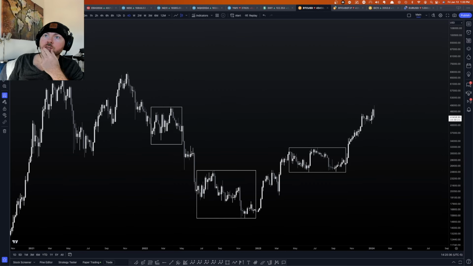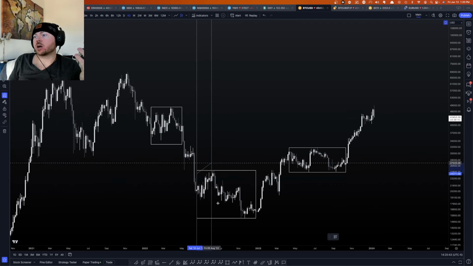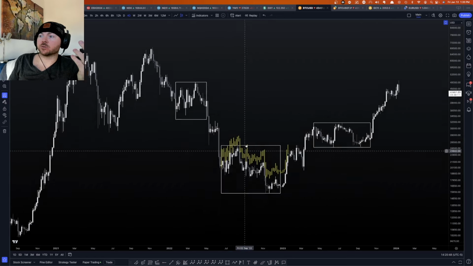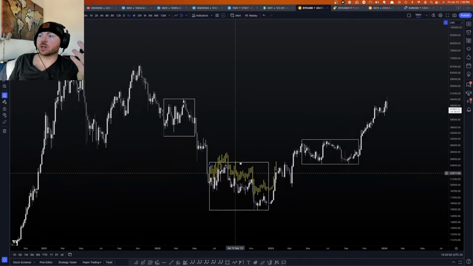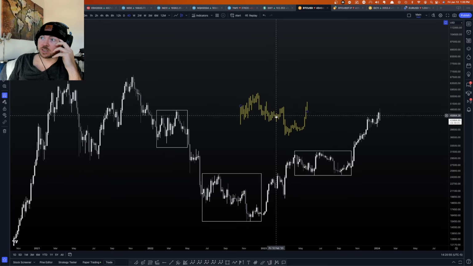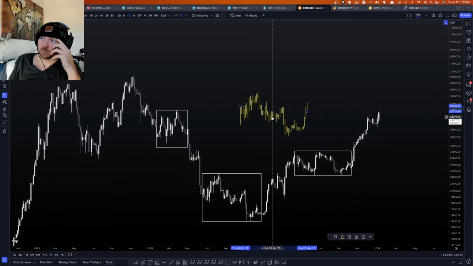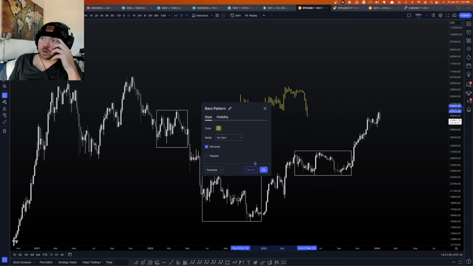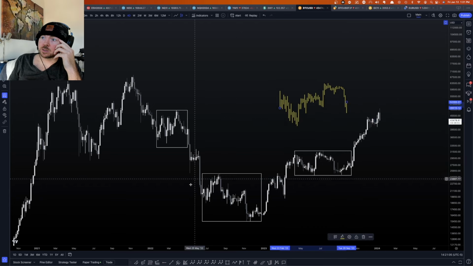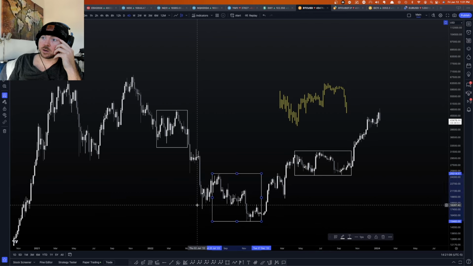Another thing to potentially consider here, let me throw on a fractal, not to say that something like this is going to happen exactly. I know everything's different, and nothing's going to happen exactly like it has before, as far as these exact fractals, but it would help give a little bit of patience. Because when this first made, it got really impulsive and then it finally made a low here, right?